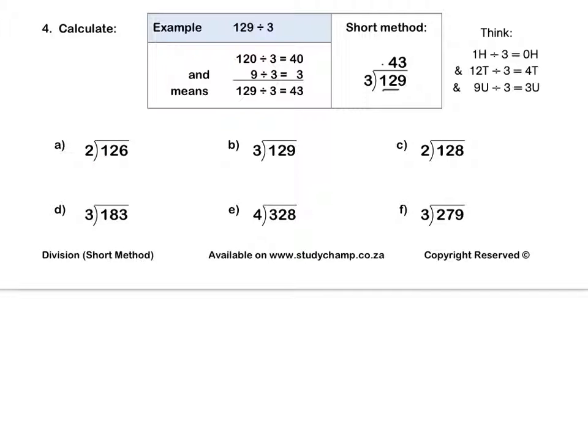It can't fit into 1. But a number never starts with 0, so we write down a dot. Then we say 2 fits into 12 6 times, and 2 fits into 6 3 times. Press pause to complete question 4. When you are done, use the memo to mark all your answers on this page.